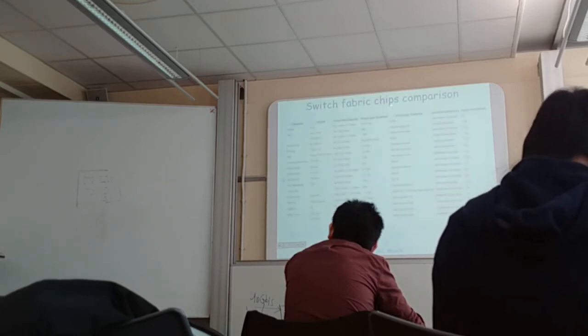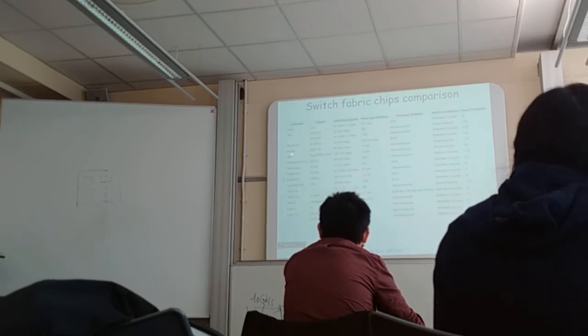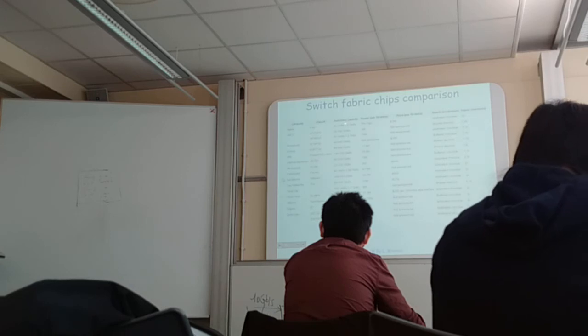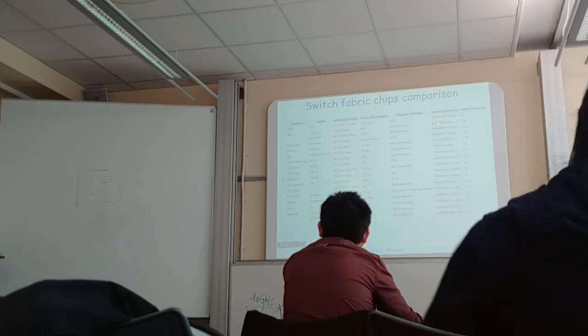Now, these are some commercial switch fabric chips, so it's there for you to have a look at. There are a number of different companies like IBM, Broadcom, and others. What do they provide? The names of chipsets, switching capacity, power, prices, and switching architecture. As you can see here, most of the architectures are crossbars.